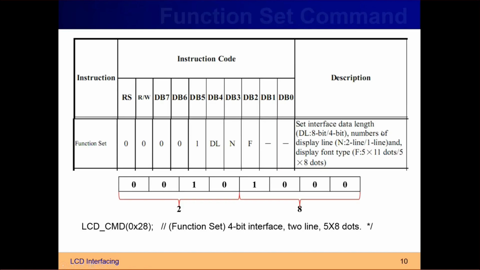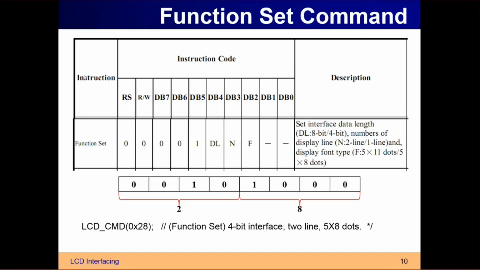How will you do that? This is one of the tables showing the commands or instructions that can be written onto the LCD. I have already told that whenever you are writing a command, RS should be 0. R bar W also should be 0 because you are going to write the command.